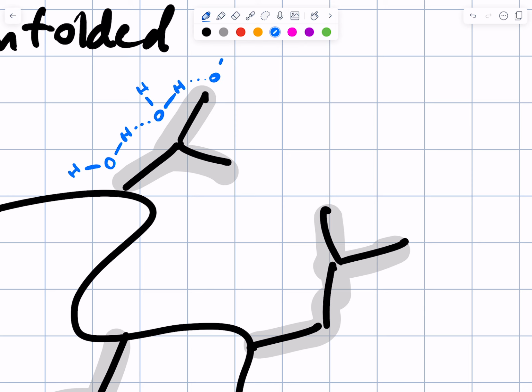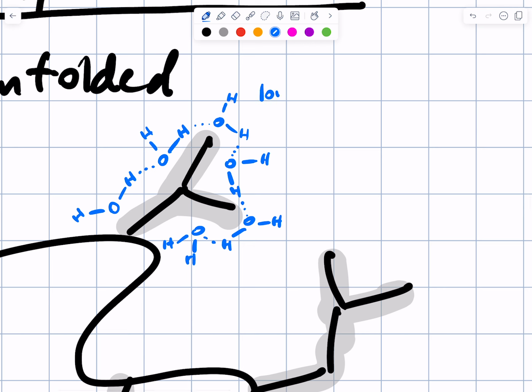And the hydrogen bonds in the immediate vicinity of the nonpolar side chain get stronger, and the water molecules start to slow down in the immediate vicinity of the nonpolar side chain. In fact, being in the immediate vicinity of the nonpolar side chain causes the water molecules to lose entropy.